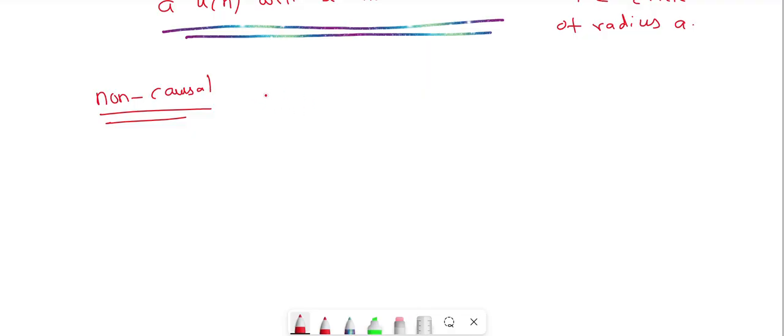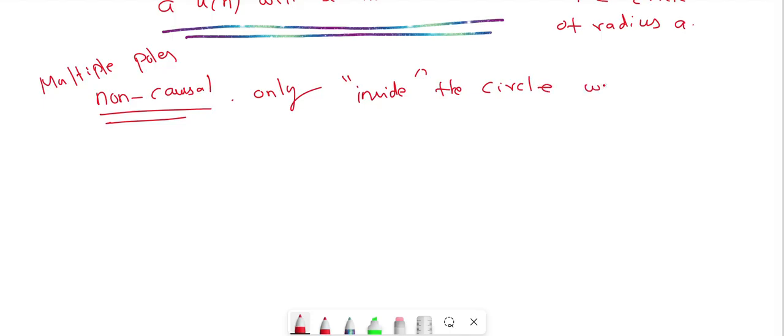If the system has multiple poles, it will be non-causal only inside the circle with the smallest pole as its radius.